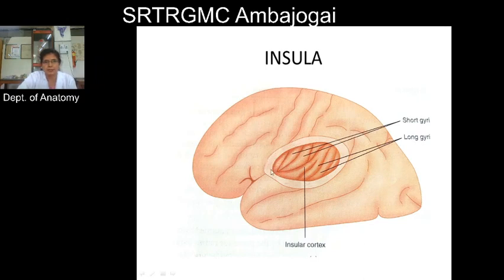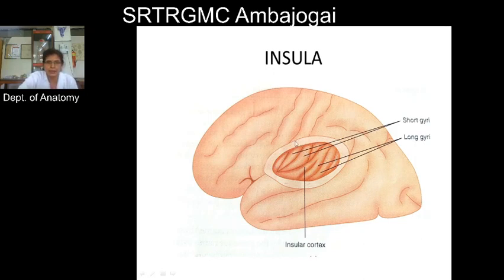It is seen by removing the part of the cortex which forms the margins of this posterior ramus of lateral sulcus, and after removing that adjacent area, you can see the insular cortex present at the depth of the posterior ramus of lateral sulcus.